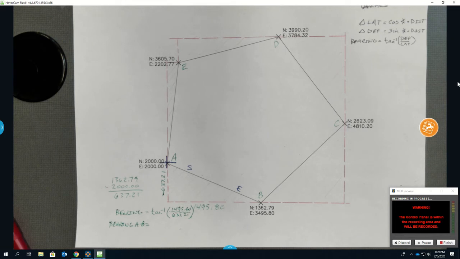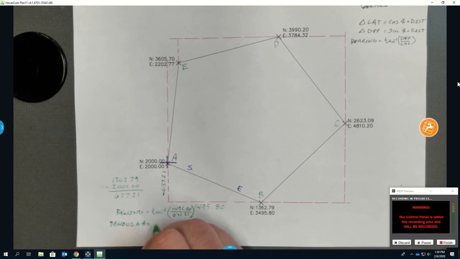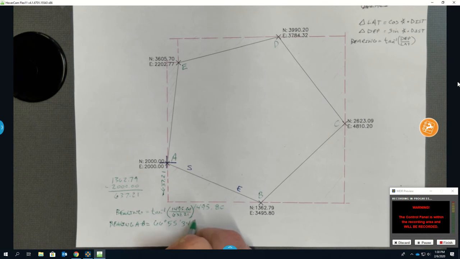So that's what it'll yield, is degrees. I've got 66 degrees, 55 minutes, 34 seconds.